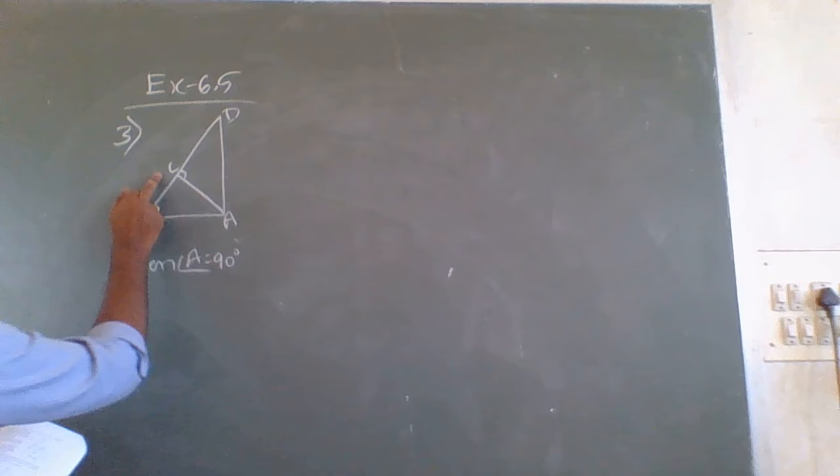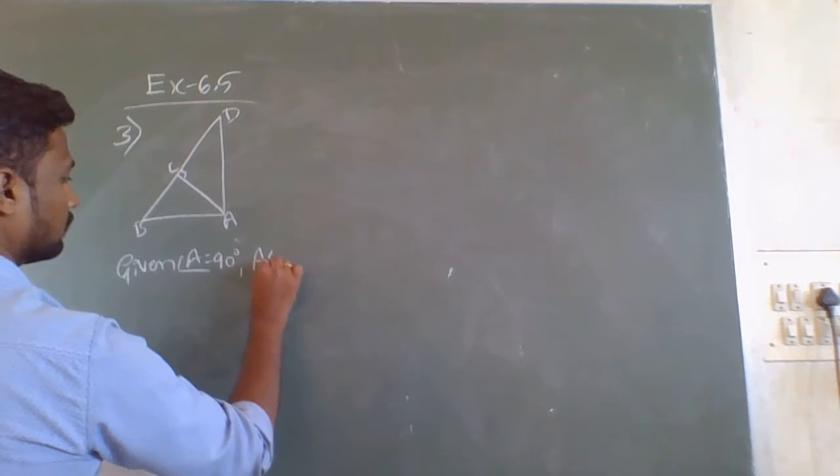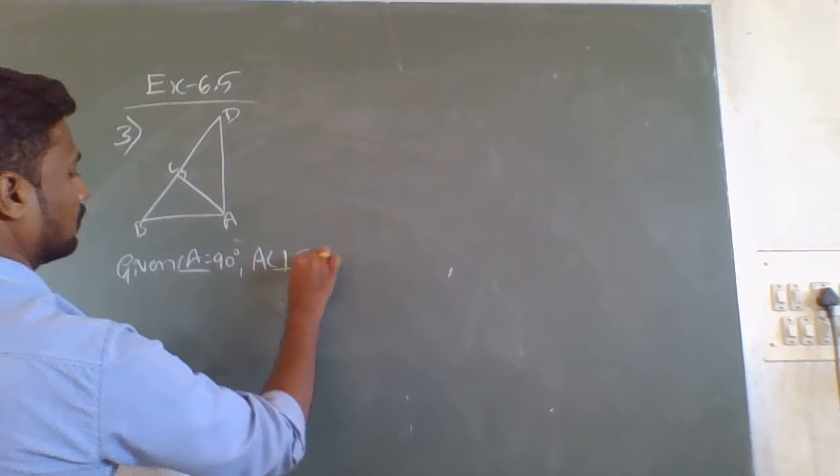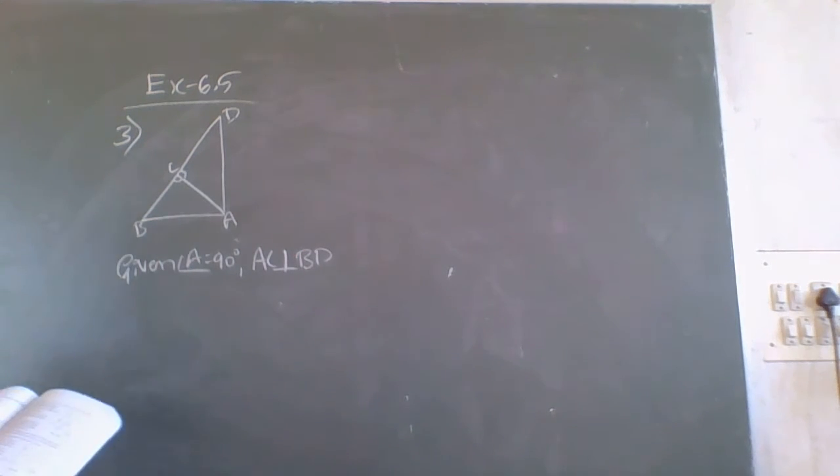Here this AC is perpendicular to BD, which means these two angles are 90 degrees.